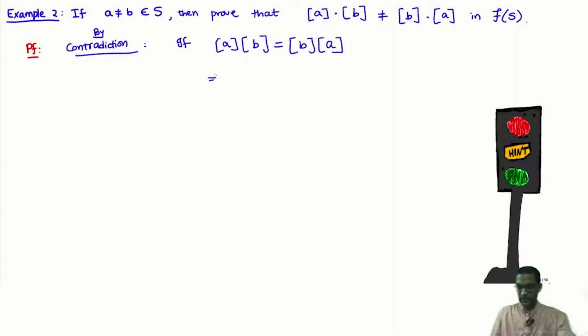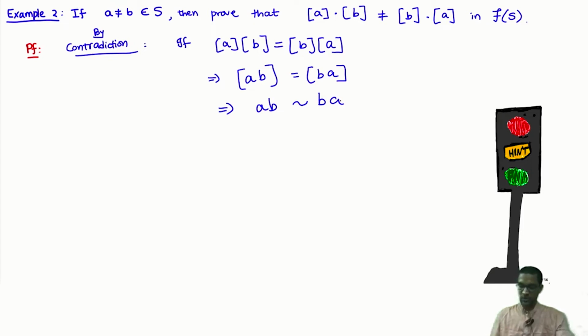Then by the same reasoning as before, the left hand side is the equivalence class of the word AB and the right hand side is the equivalence class of the word BA. If those two equivalence classes are the same, it means AB and BA are equivalent to each other.